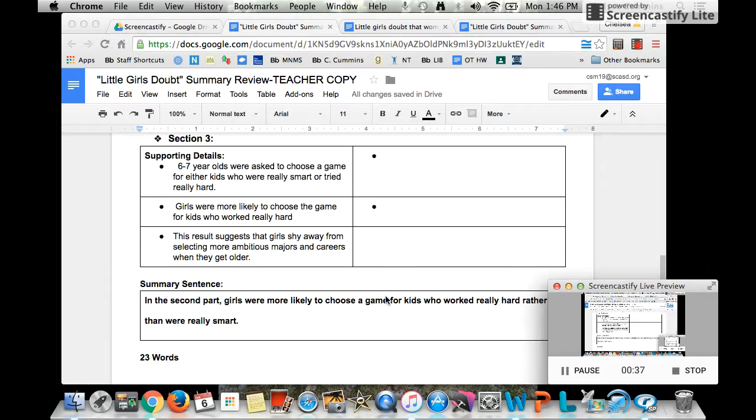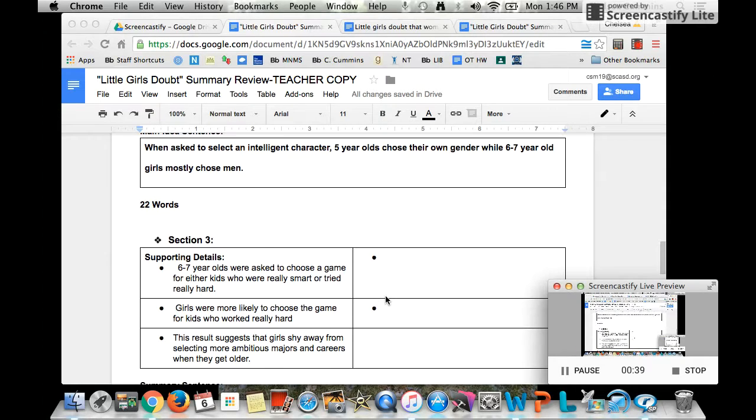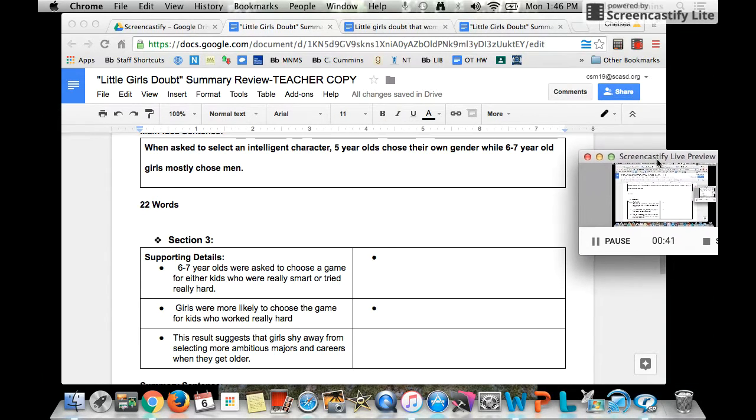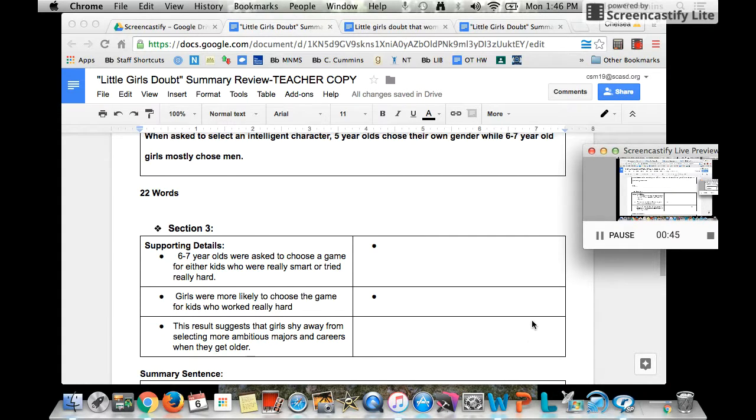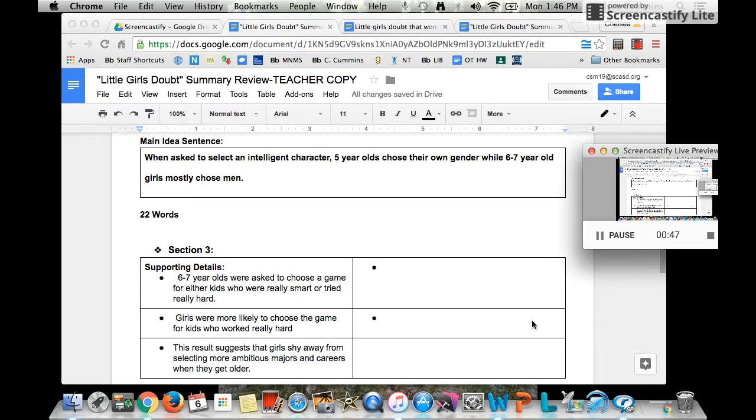Okay, so now that you have the main ideas written into section 3, take a look at my 3 supporting details. Sorry, I keep saying main idea. Look at my 3 supporting details compared to your supporting details to see how you did.